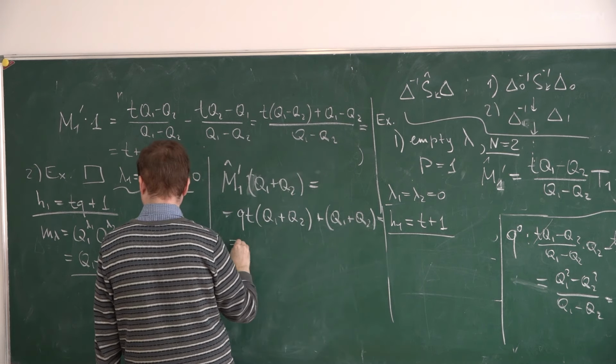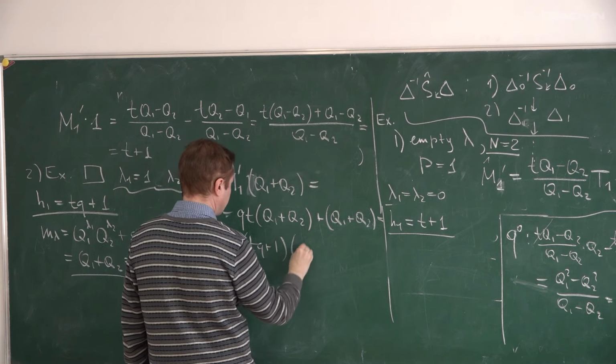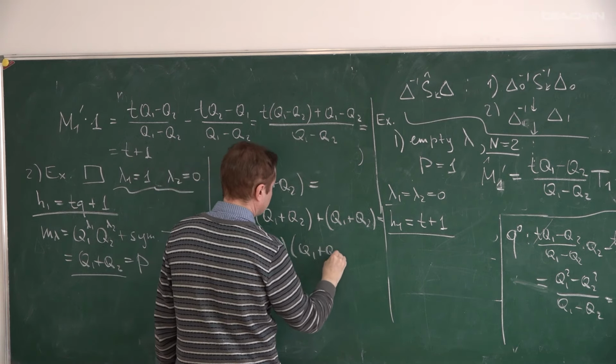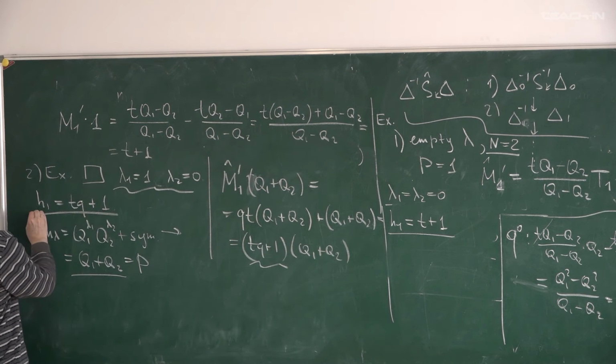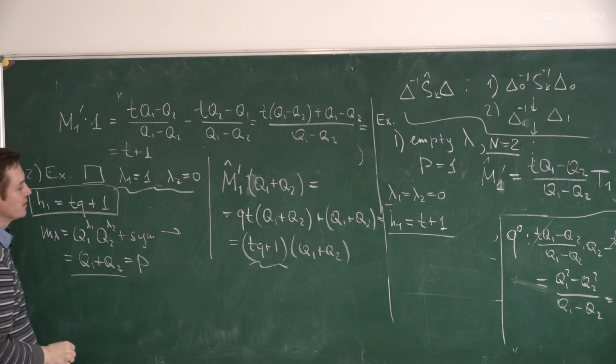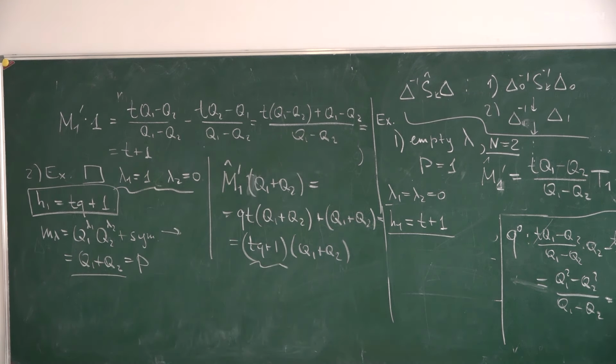So what we have is just T q plus 1 times Q1 plus Q2, and this is an eigenvalue as was predicted by the general formula. This is of course a very simple illustration, but you may do it by yourself in more complicated cases.